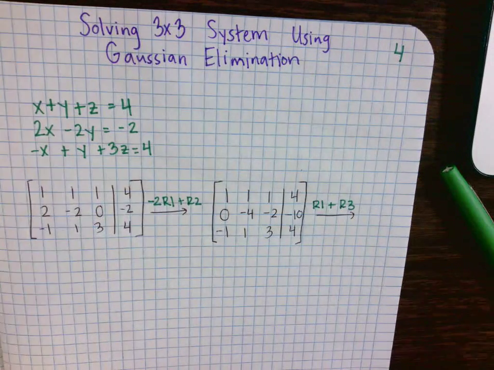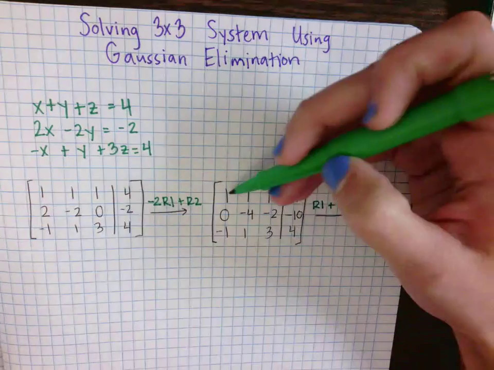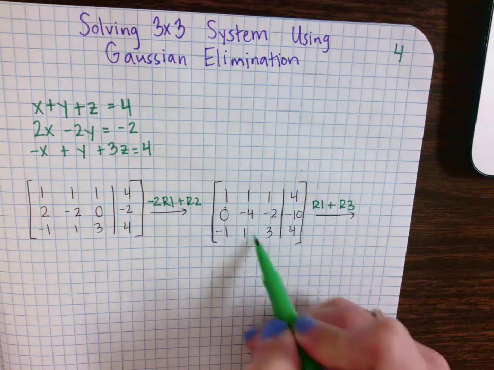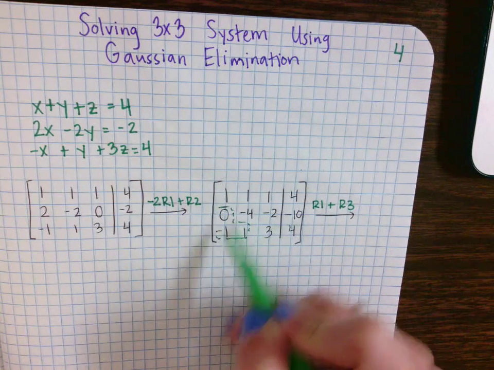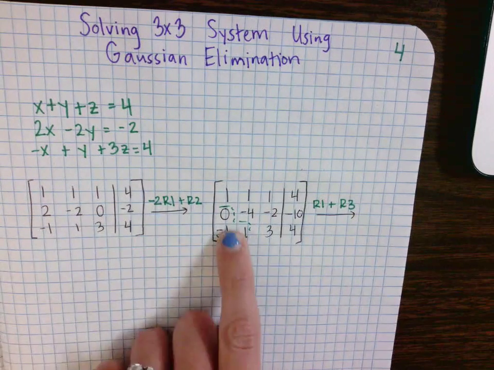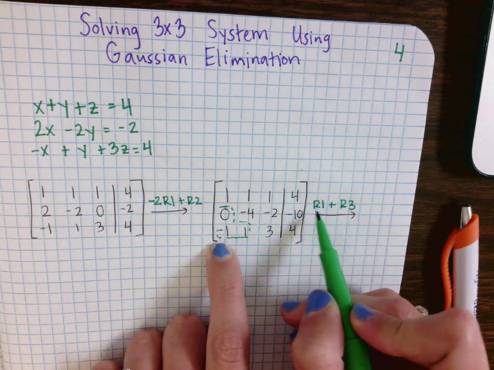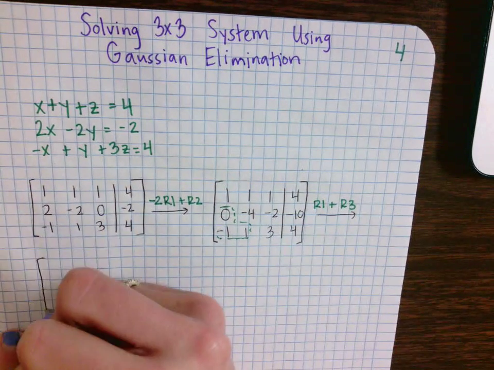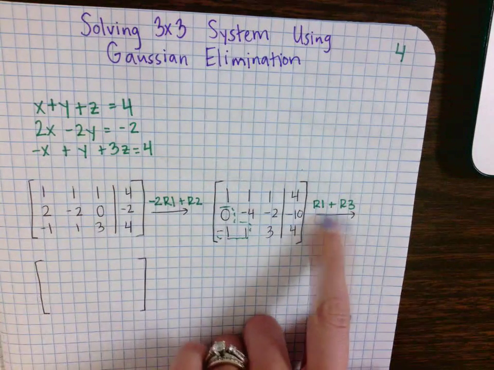Your ultimate goal in all of this is to get 1s on the diagonal, and in all this space down here you want 0s. We've got a 0 right here from this step, and when we use this one, it's going to also eliminate this one. So go ahead and draw your matrix. You're just going to add row 1 to row 3.